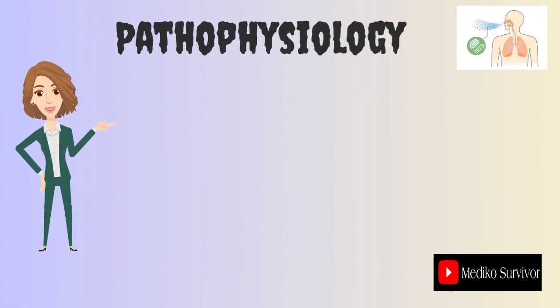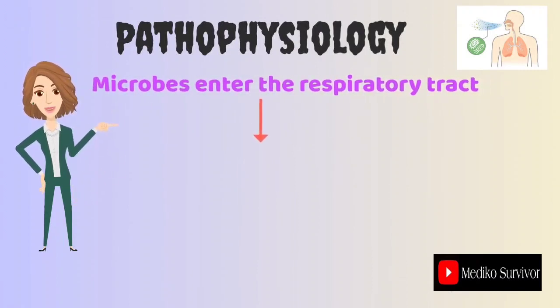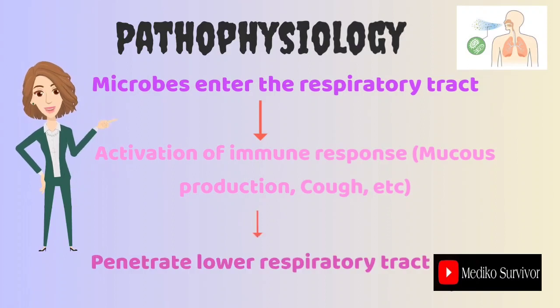Let's have an overview on pathophysiology of pneumonia. Due to various etiological factors, when microbes enter the respiratory tract, they release toxins, as a result of which there is activation of immune response, like mucus production or cough. Further, microbes penetrate towards the lower respiratory tract and get trapped in terminal bronchioles and alveoli.